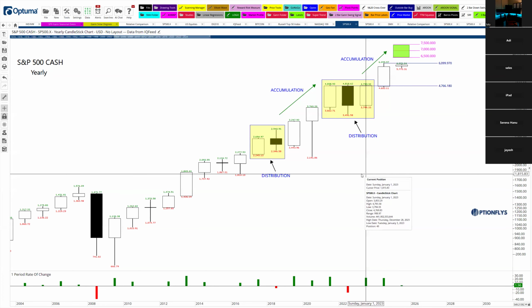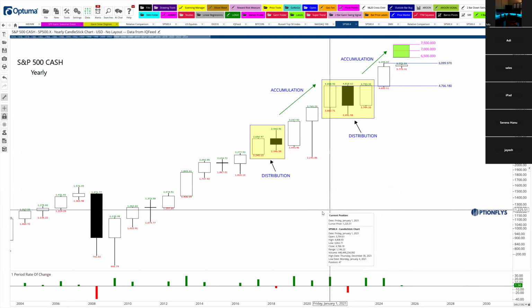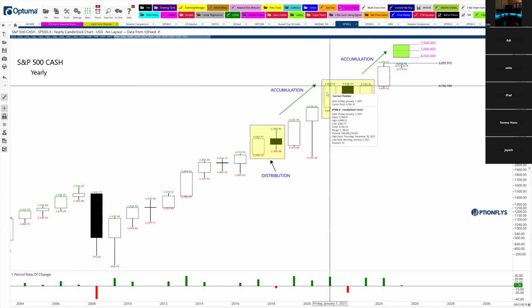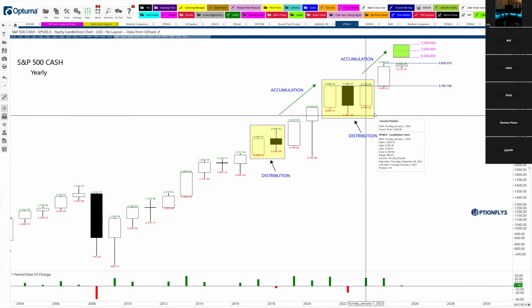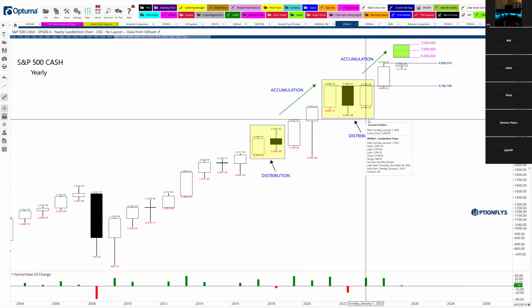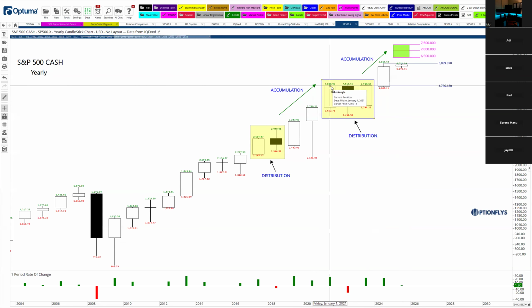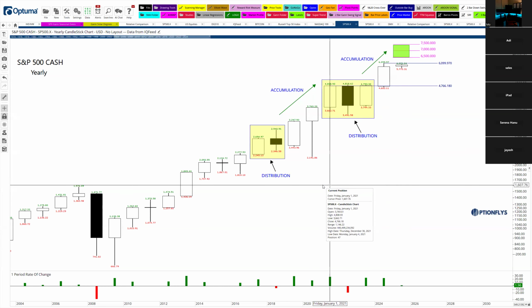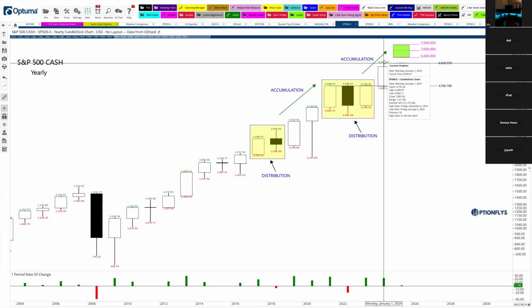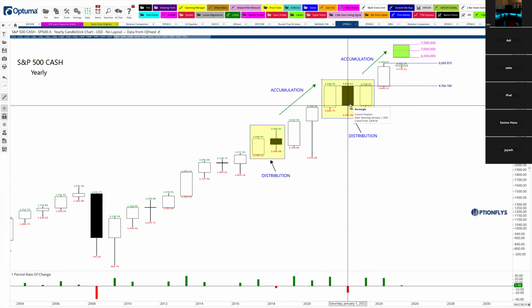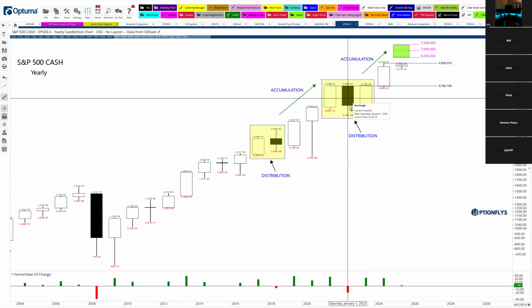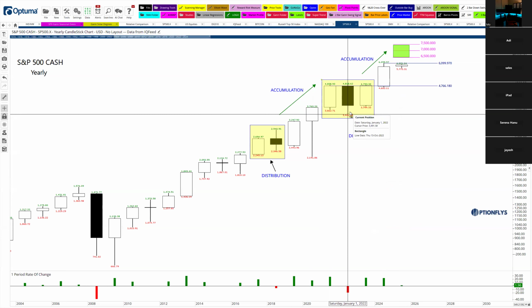So here's my question. You stay in a distribution phase for 3 years with a triple top, and you're going to tell me that we just rally 1 year, after being sideways for 3 years, including the COVID crash? How does that happen?